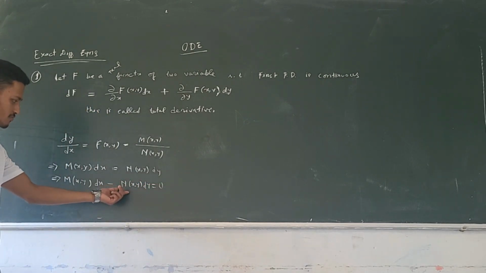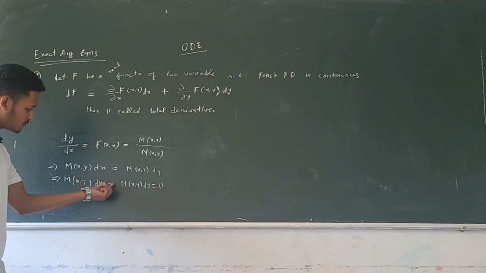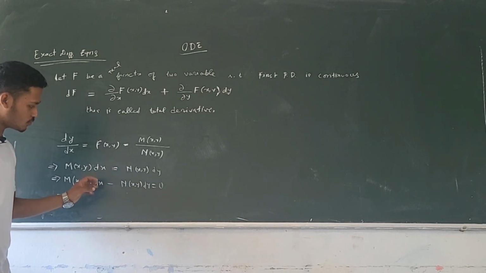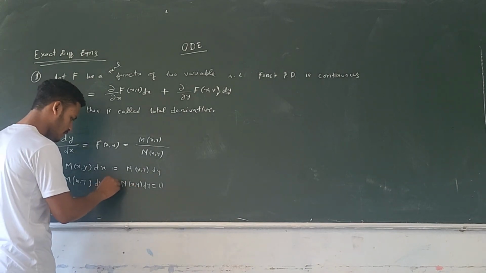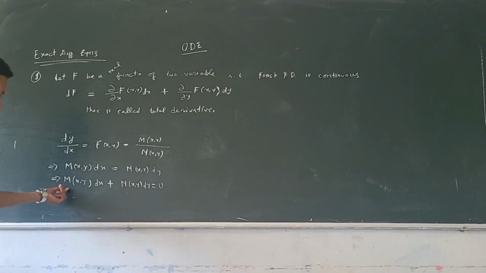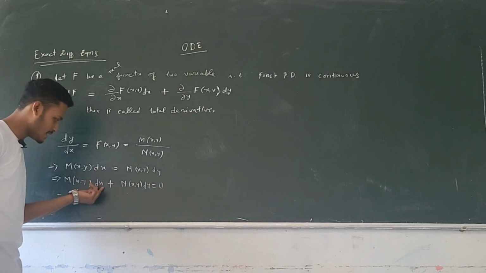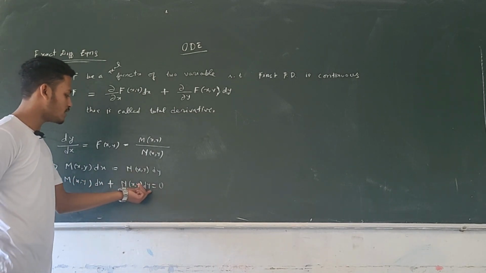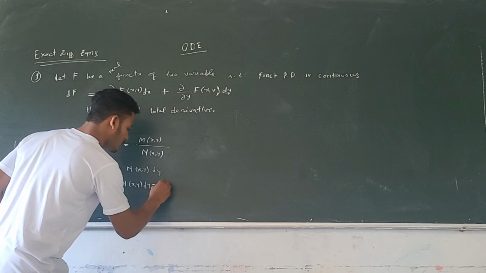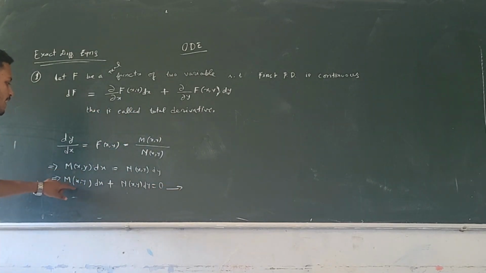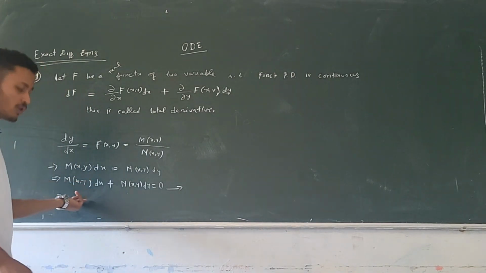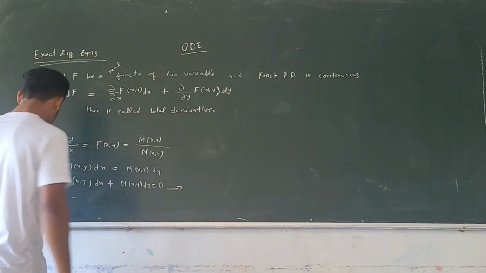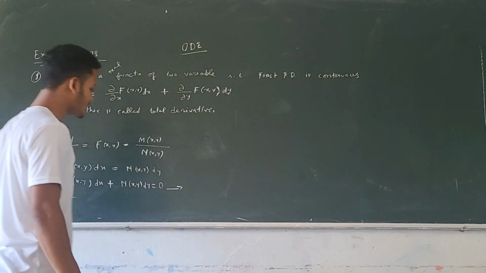But the minus can go into the function, so you can write plus also. So M of x, y dx plus N of x, y dy equals 0, and this form is called the differential form, and the earlier one is called the derivative form. So this is a differential form of a differential equation. Now what is an exact differential equation?